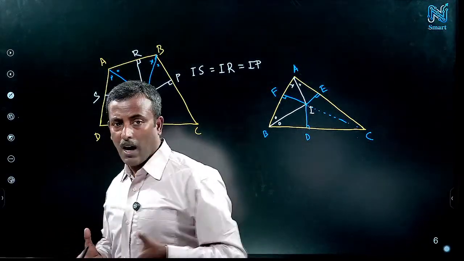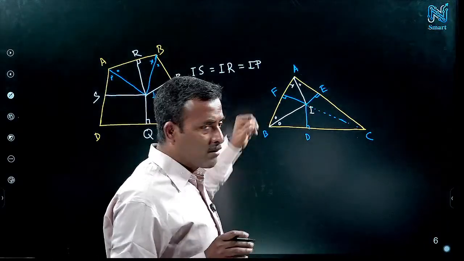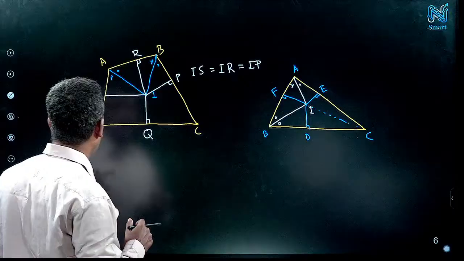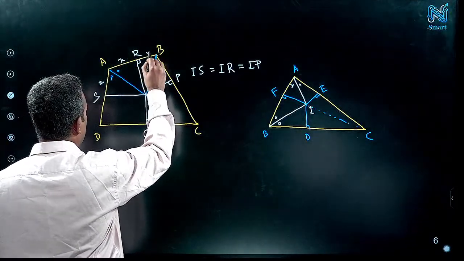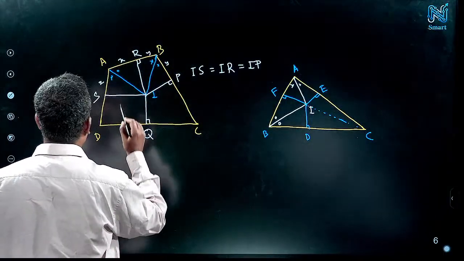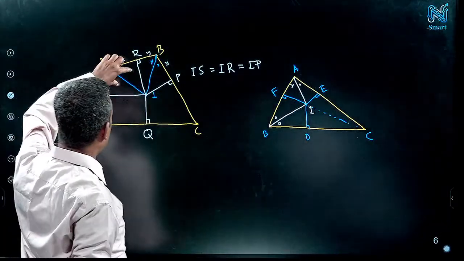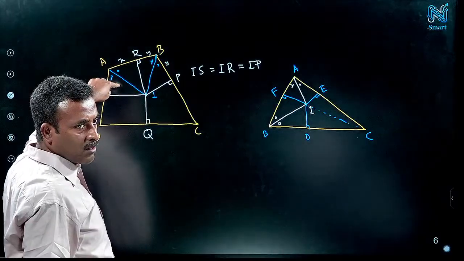But we don't know whether IQ is the same as the other three. But what we know is this: this is X, and this is X. This is Y, then this is Y. Yes, because these two triangles are congruent.